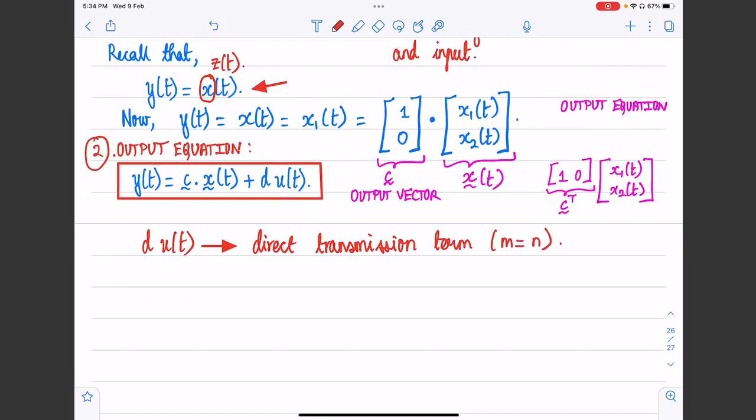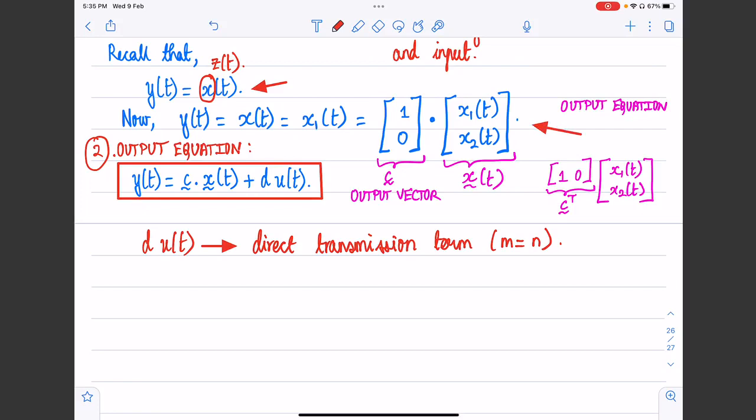In this example, n was 2 but m was 0, so m is less than n, and you won't get the direct transmission. That is why in the output equation we wrote down, we didn't see the D u term, but I have to write it in general.